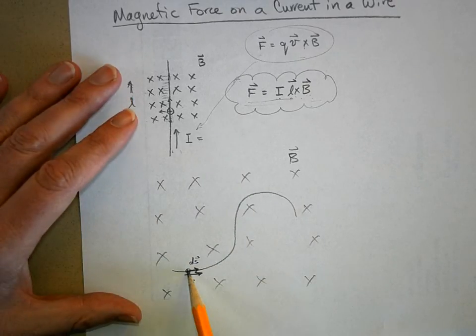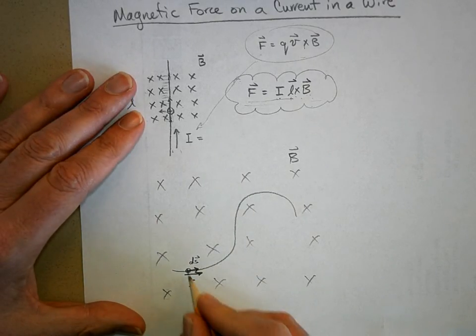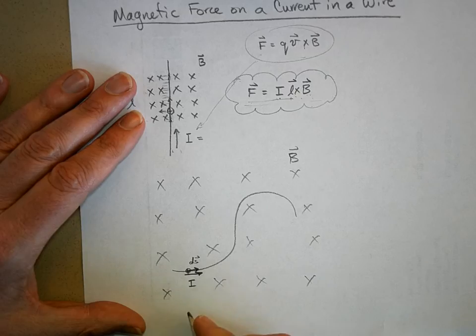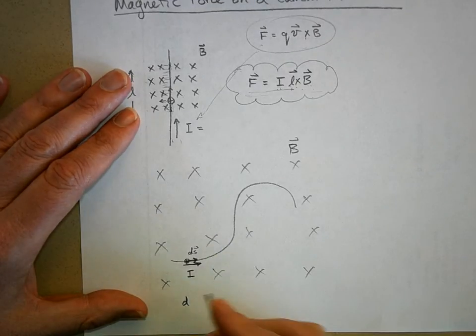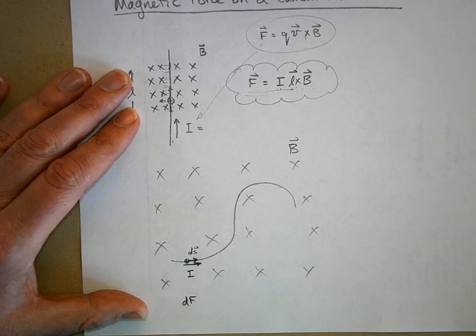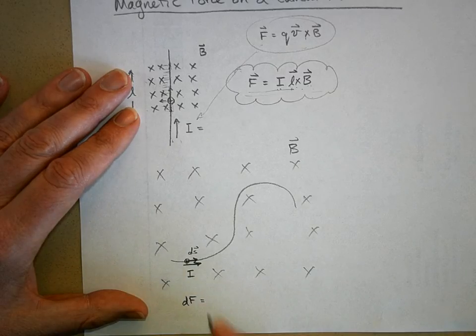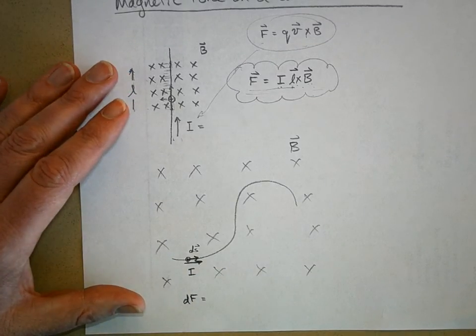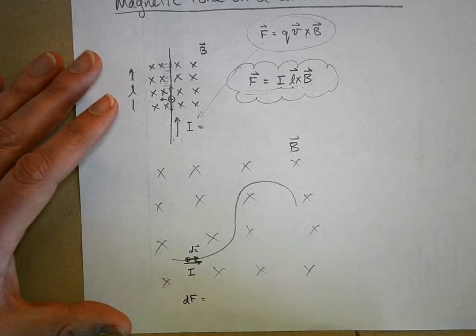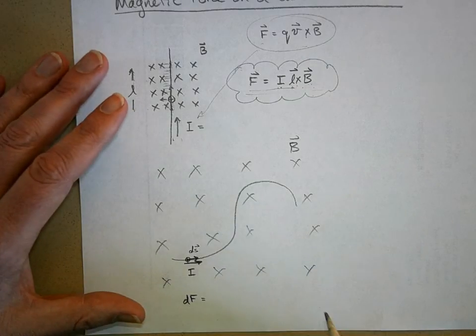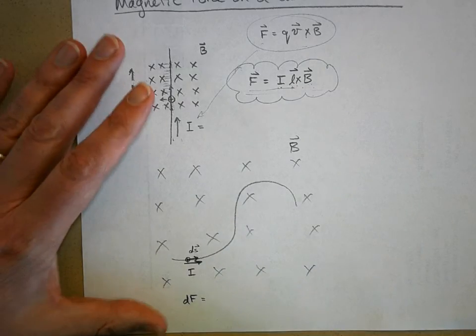And so what is the force on that? Well, the little tiny bit of force, dF, is equal to, well, Phil Crosby, but now it doesn't spell Phil anymore.